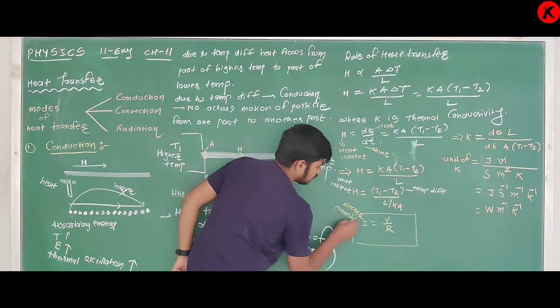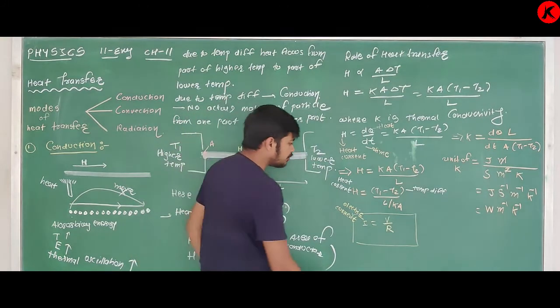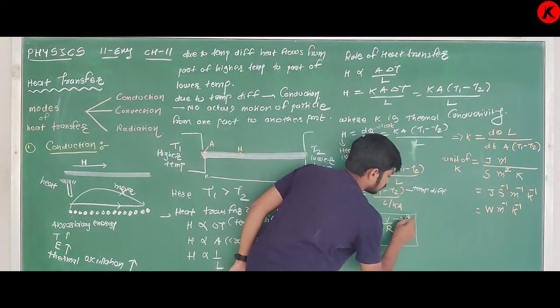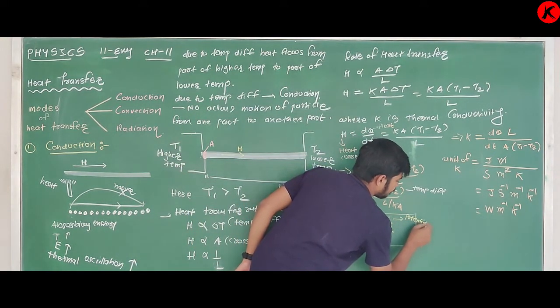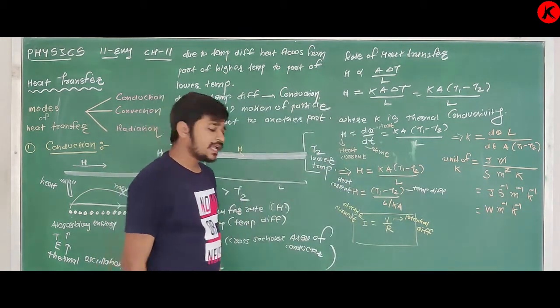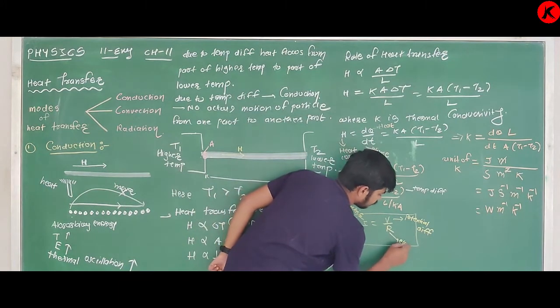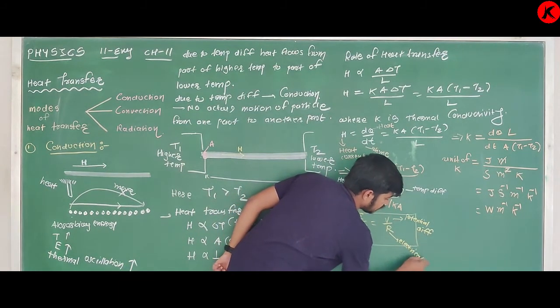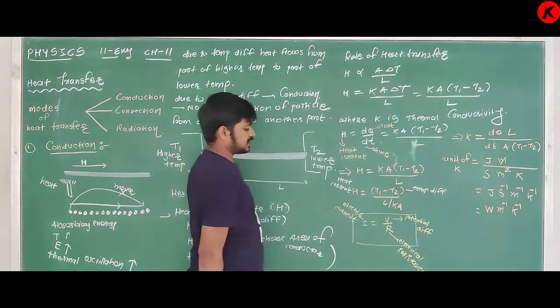V is called potential difference. And R means electrical resistance.